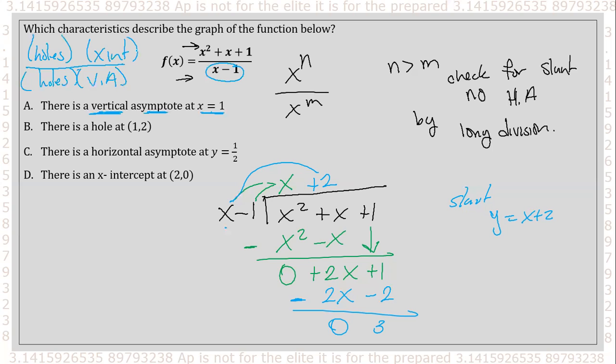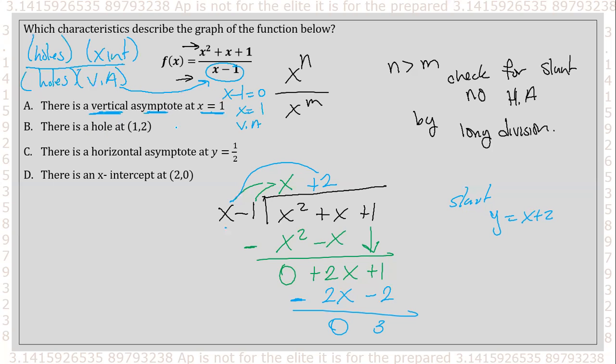So we can go ahead and see that, hey, I might have one right here, but I do have a vertical asymptote right over here. Because if I was to set x minus 1 equals 0, we get x is equal to 1. So we do have a vertical asymptote.